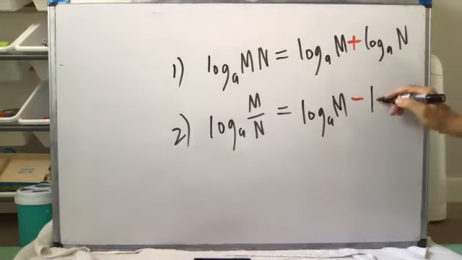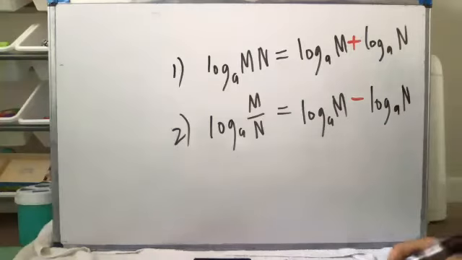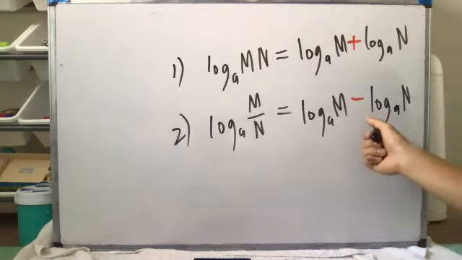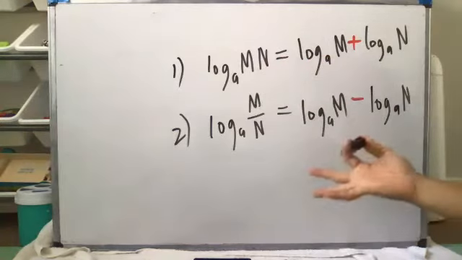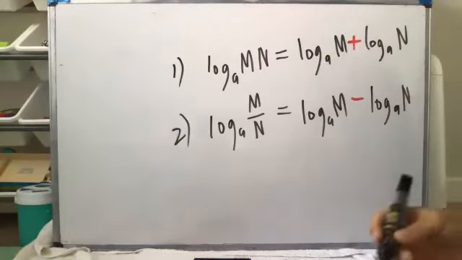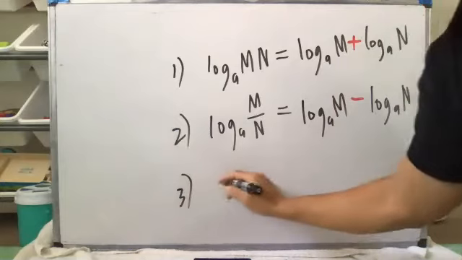And these should actually be pretty intuitive to you if you think about it, because when we deal with exponents, when you divide exponents, you subtract the exponents. When you multiply two bases with the same exponent, you add them together. And similarly, the last one is the exponent.